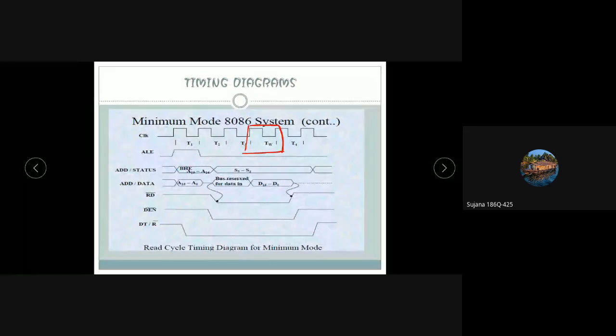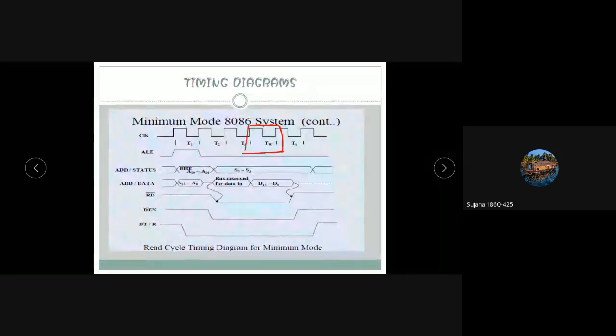Reading the data means understanding the data: what data is available and what has been fetched. That understanding capability is reading. Writing means working on the data.